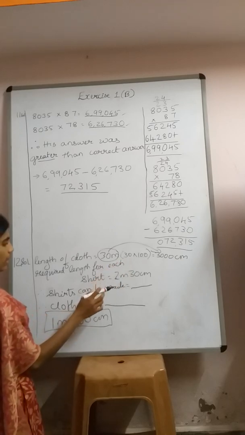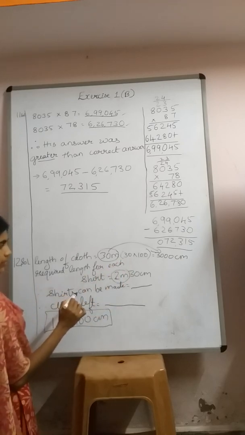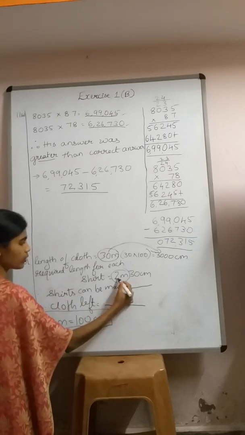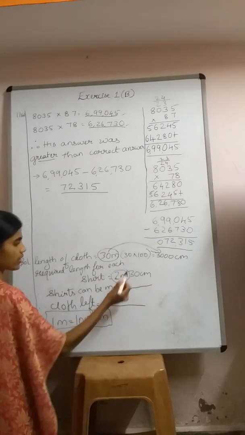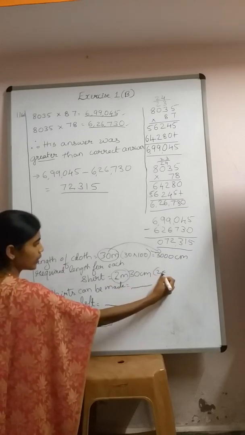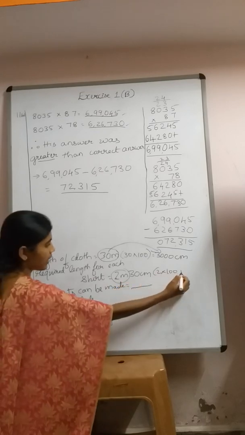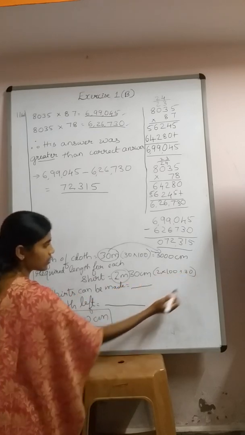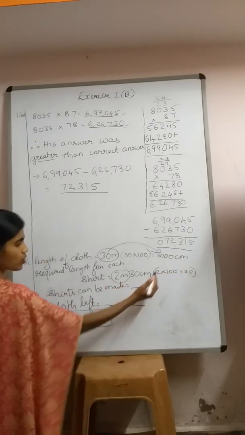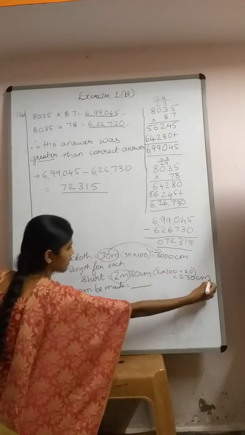Now, let us convert this meter. Fine. Now, how to write 2 meter? As you wrote here, 1 meter 100 centimeter, then 2 meter will be how much? 2 into 100. We should multiply with 100 plus 30. Understood? That is 200 plus 30, how much? 230 centimeter.